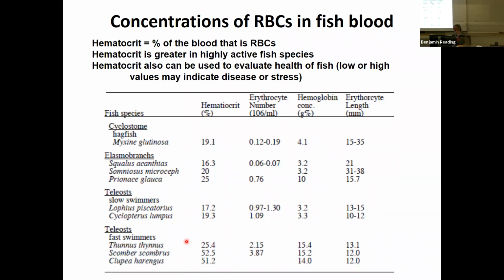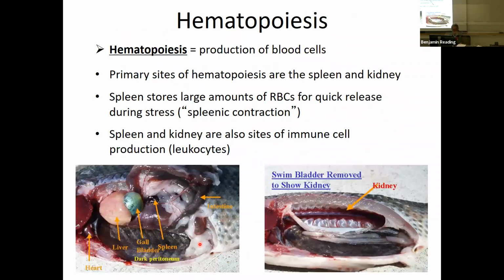And so there are differences there as well. Even though the Thunnus is active, its hematocrit's a little bit lower simply because of its warm-bloodedness. So, interesting features there.